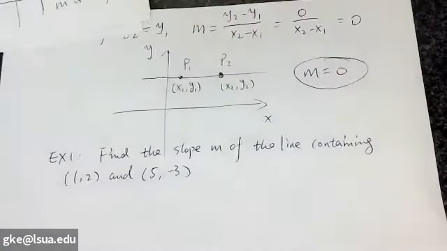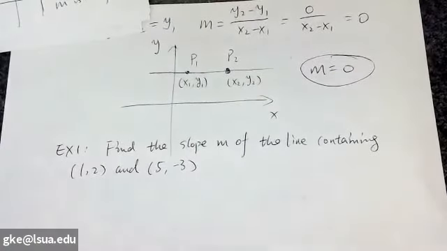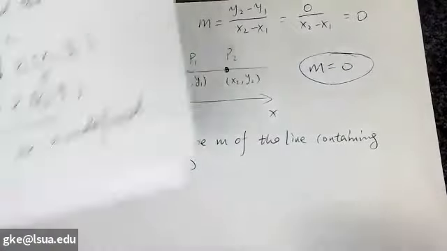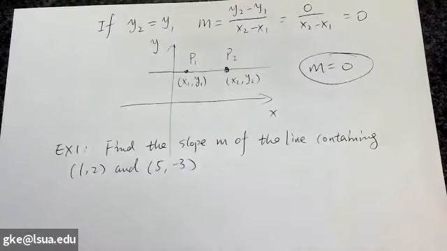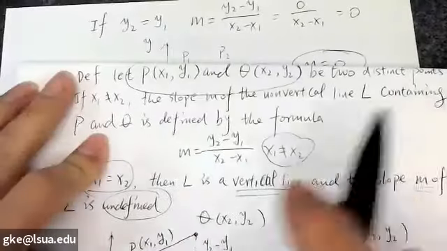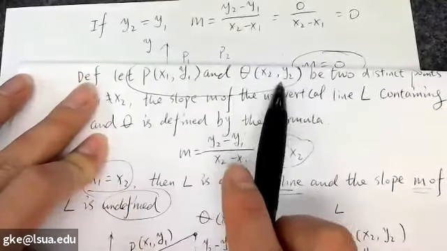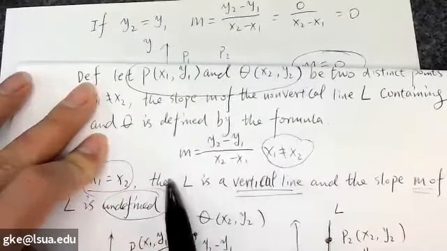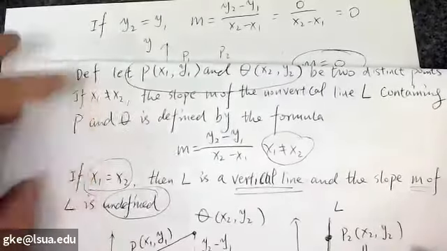If I give you these points, find the slope. The first step is to write down x1, y1, x2, y2, and then you can plug into the formula.